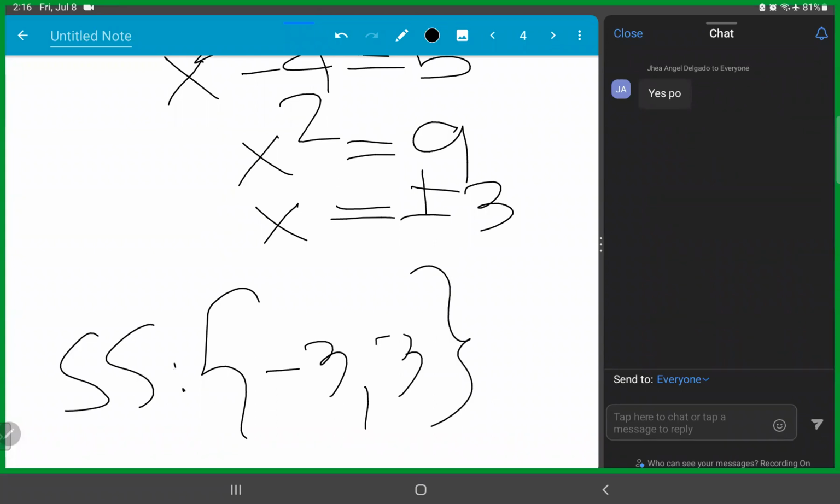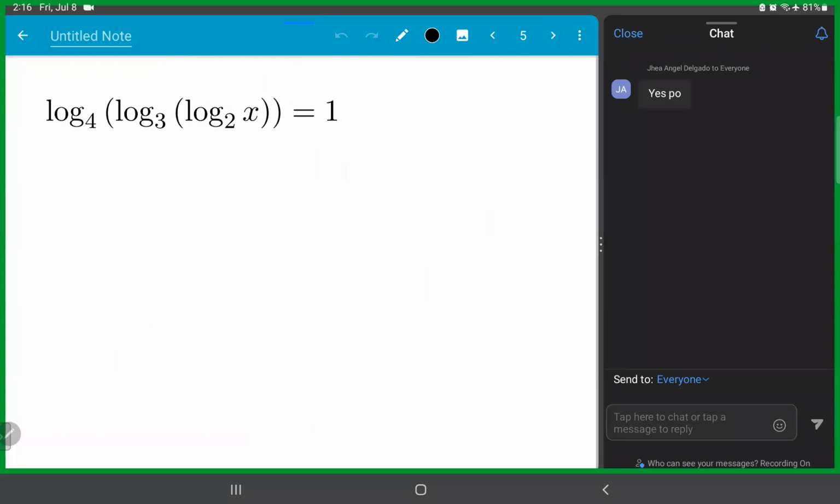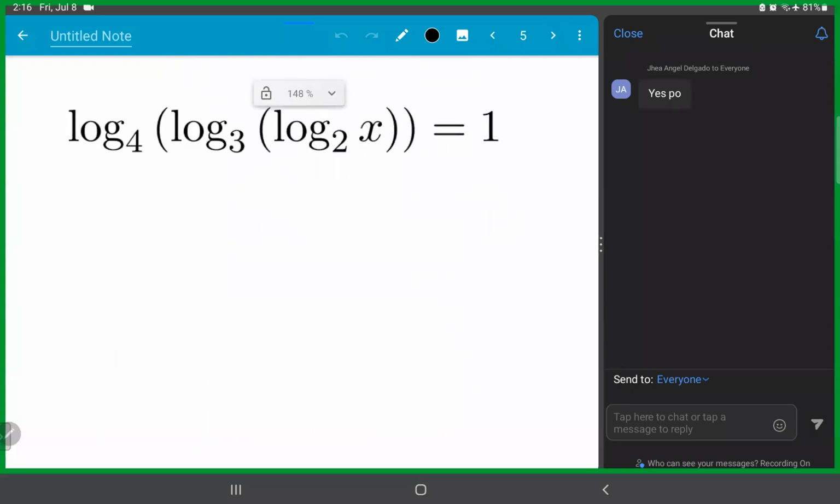Solution set. So try this one. Similar lang. You can do this mentally. Do not expand or compute.